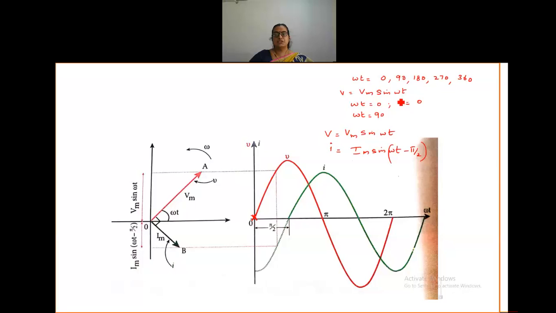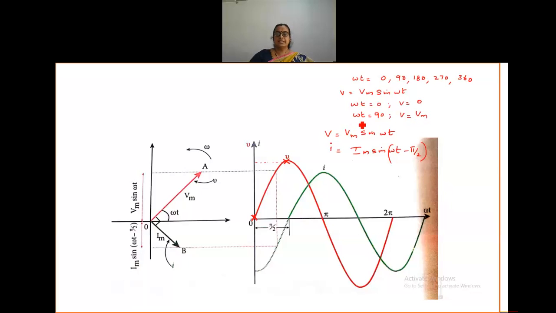What is sine 90? Sine 90 is 1, so 1 into Vm will be Vm. So V is equal to Vm. Imagine this value to be somewhat 8 volt; in that case, the second point will be here. So at pi by 2, V is maximum, Vm.